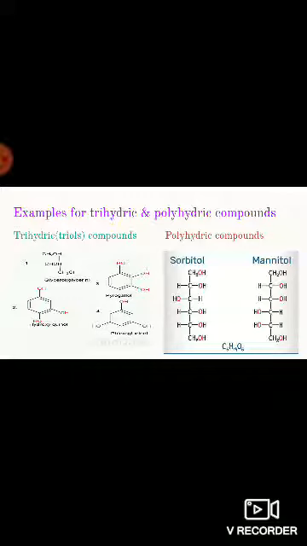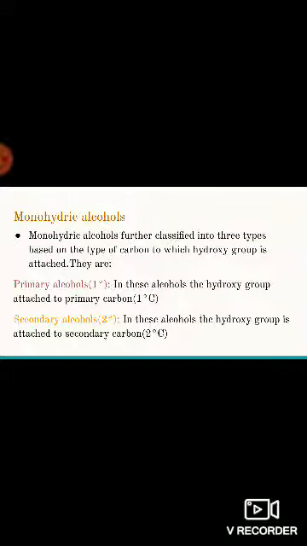Okay, fine. Next, monohydric compounds or monohydric alcohols. Here, the aliphatic monohydroxy compounds or monohydric alcohols are further classified into three types based on the nature of the carbon atom to which the hydroxy group is attached. The first one is primary alcohol. Primary alcohols are monohydric alcohols where the hydroxy group is attached to a primary carbon.